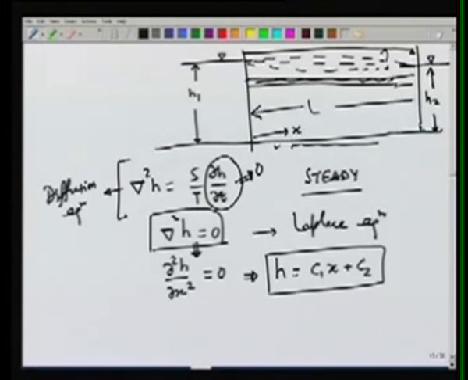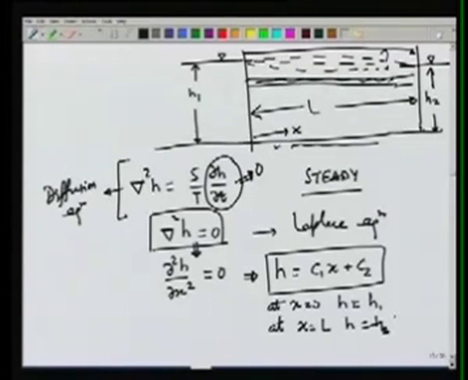C1 and C2 are constants which will be obtained by the boundary conditions. In this case, considering the length of the aquifer to be L, the boundary conditions are at x equal to 0, h equal to h1, and at x equal to L, h equal to h2.